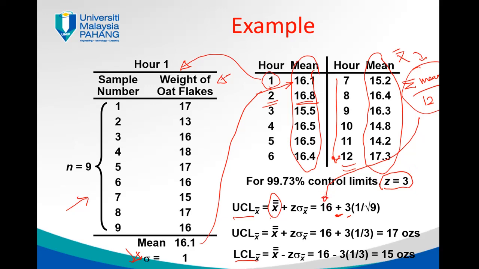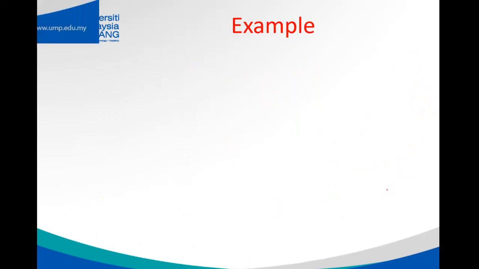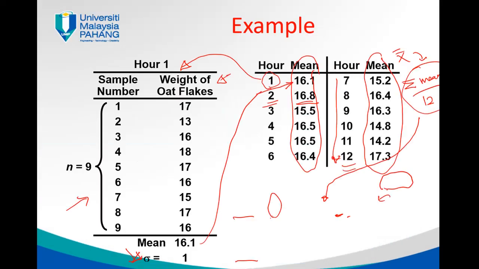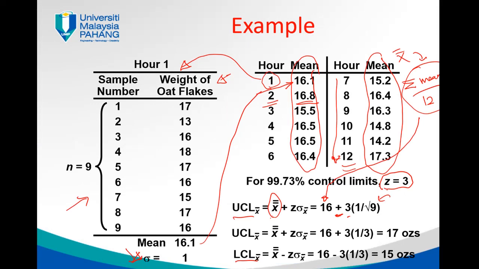Then the value on this side, which is sigma x bar, is sigma divided by the square root of n. Sigma is 1, so sigma x bar equals sigma divided by the square root of n.